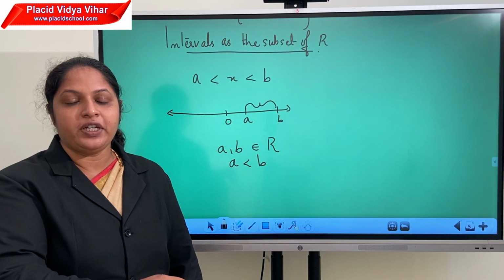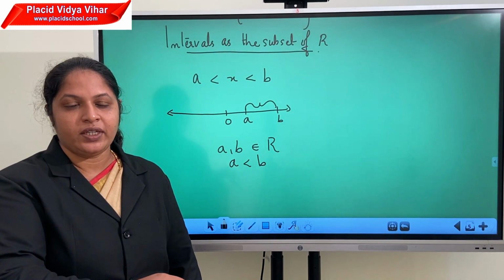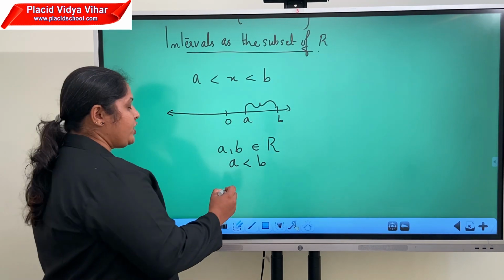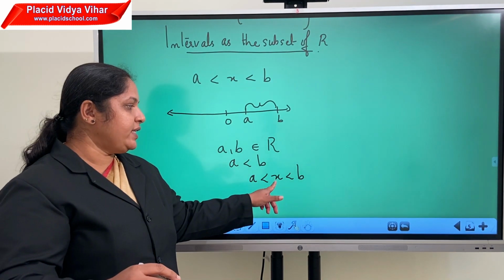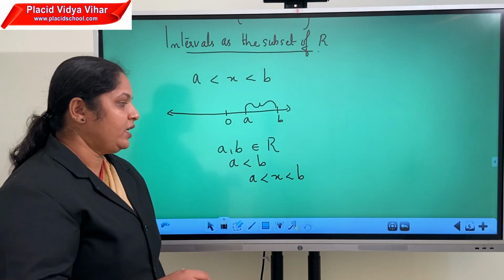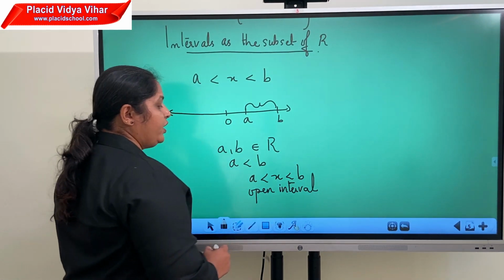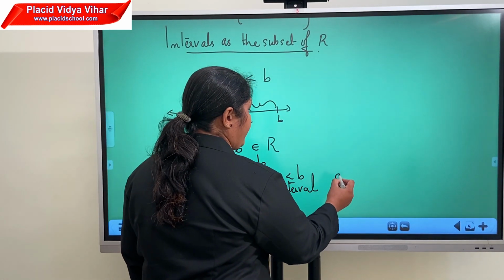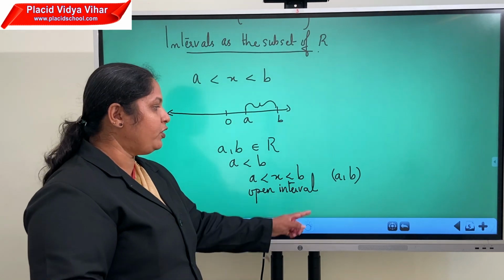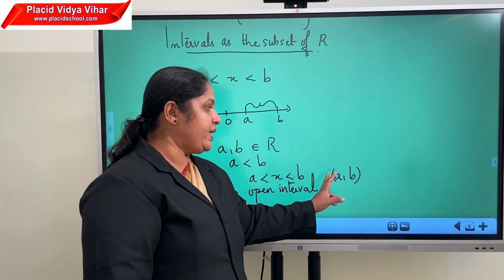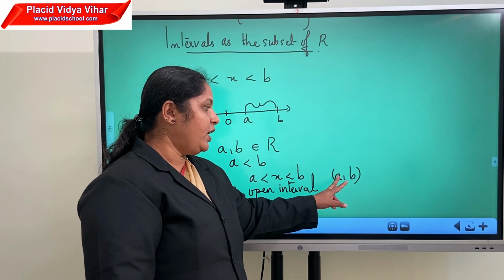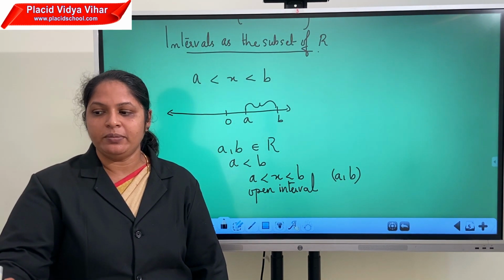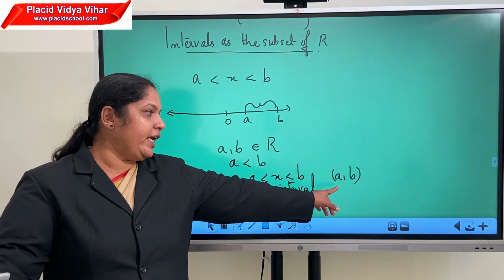Then the set of real numbers that lie between a and b, which is denoted as a less than x less than b, is known as an open interval and is denoted by (a, b). You have to be very careful with the brackets. It is open brackets, simple brackets. It is (a, b). All the points between a and b belong to the open interval (a, b).